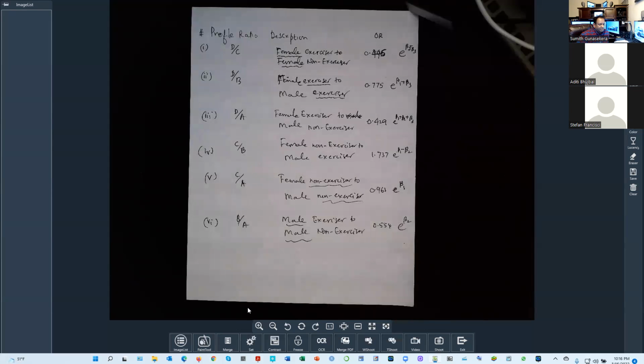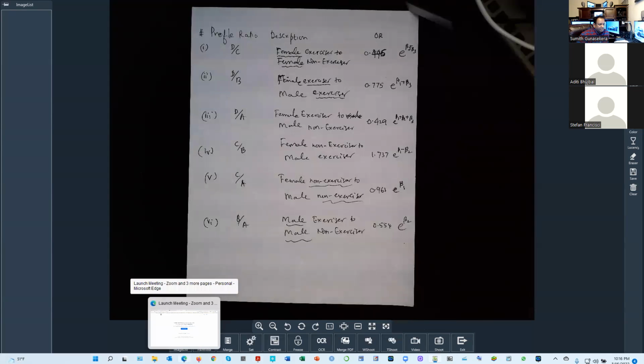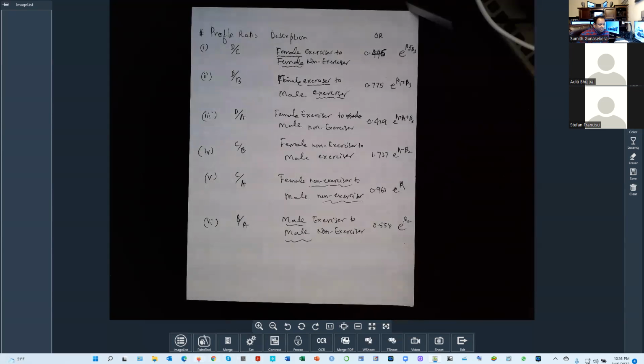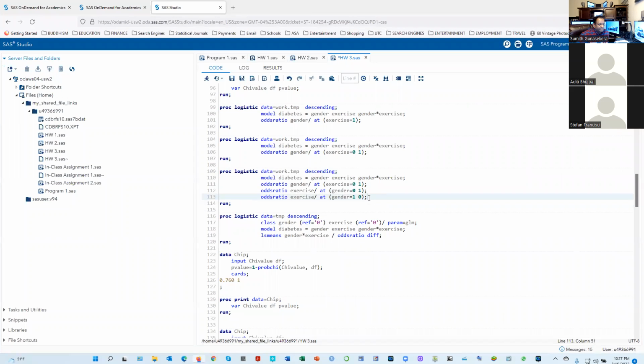We can do that one. Okay. Can do that one. Okay, we can try and see this one. They will produce the same thing. So you have to. They produce the same thing.